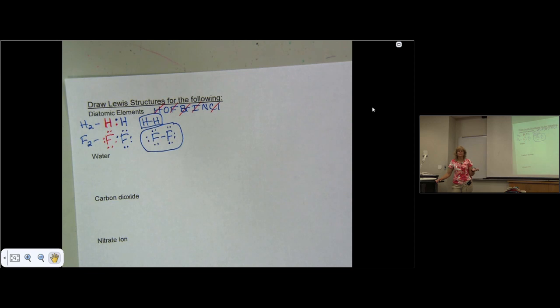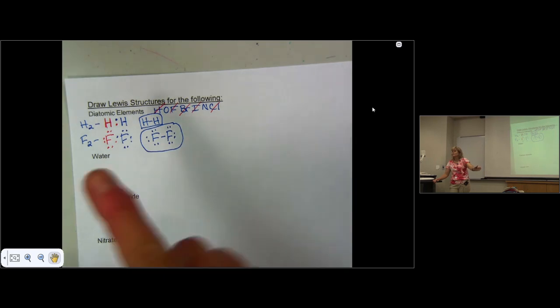Where did she get 7 dots to begin with? Valence electrons. First column, how many valence electrons? 1. Second column, how many valence electrons? 2. Third column, how many valence electrons? With me? Now we got it? So does it make sense that F2, Cl2, Br2, I2 are all going to look the same? So I don't need to do them.